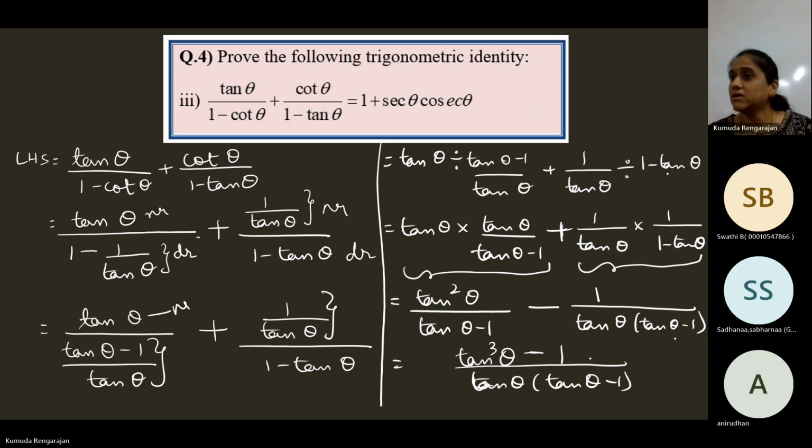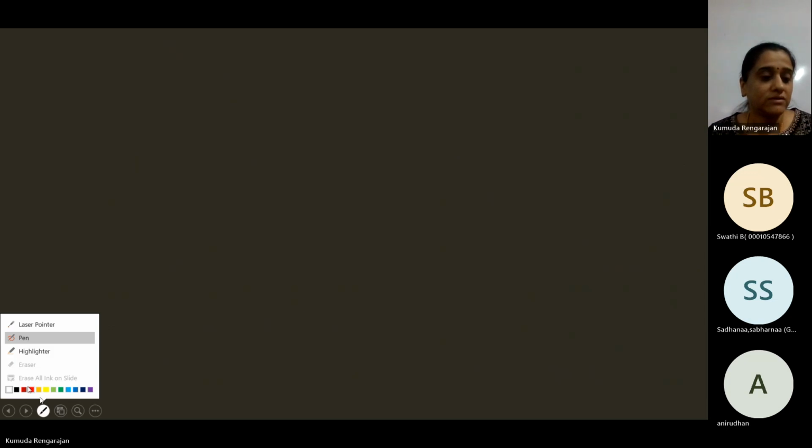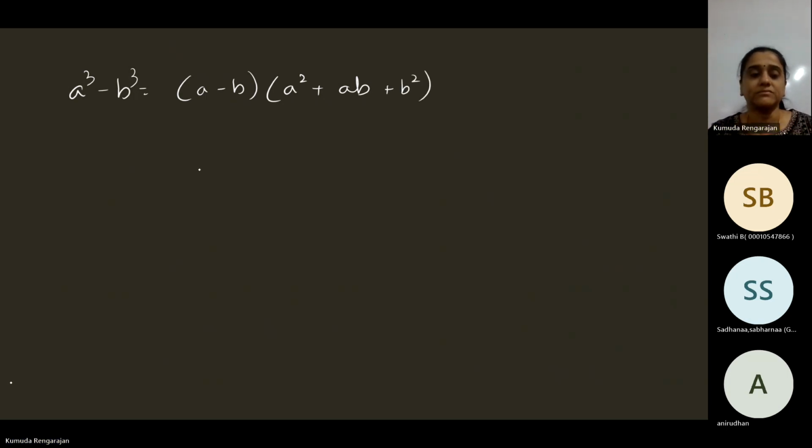So minus 1. Now the numerator is in the form a cubed minus b cubed. A cubed minus b cubed is a minus b into a square, sorry, plus ab plus b square.